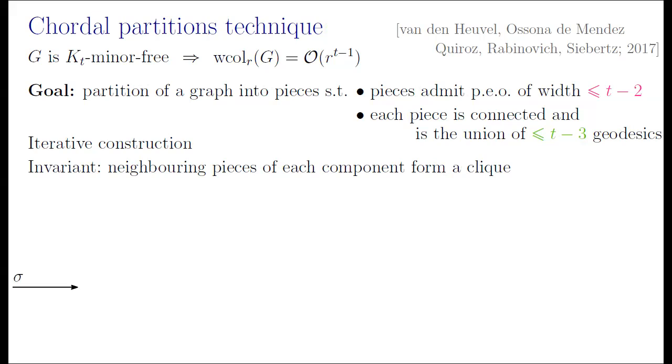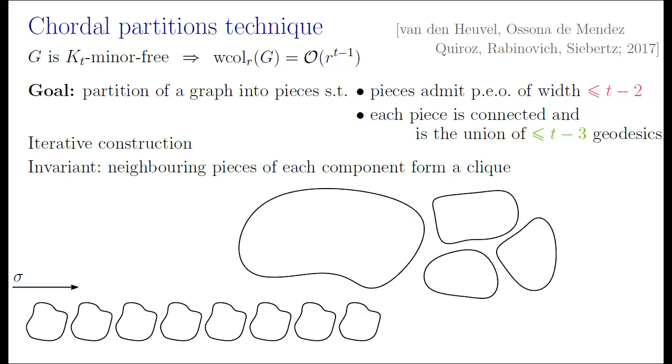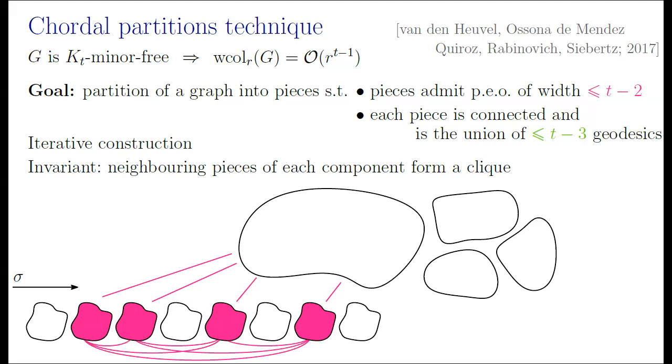okay, maybe I should start with a picture. Say that we already constructed some pieces, and there are some remaining components. And the invariant says that if you fix a component, let's say that I chose the big one, then neighboring pieces form a clique. This is what the invariant says, and I'm using it here.